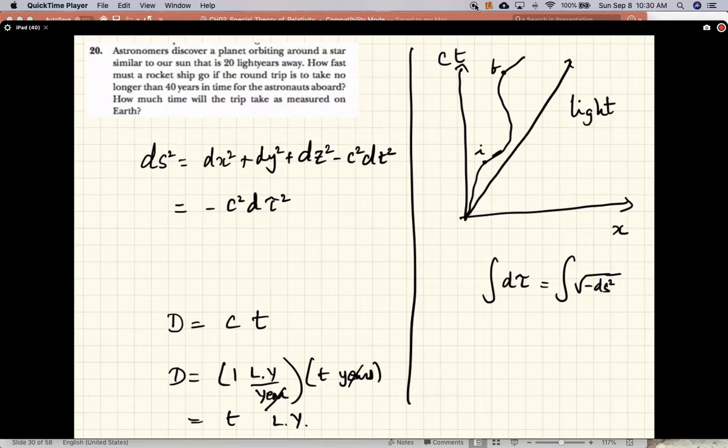That's how you would calculate the proper time for a particle going along this world line from this initial point to that final point. So those are the two things that you need to know.